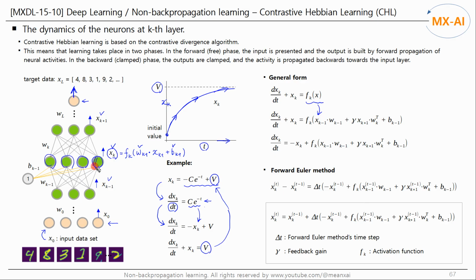For example, let's describe the activation value of this neuron. The activations in the lower layer are multiplied by weights and added together. This is the first term on the right-hand side of this equation. Then, the activations in the upper layer are multiplied by transposed weights and added together.